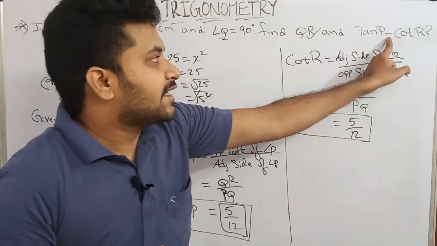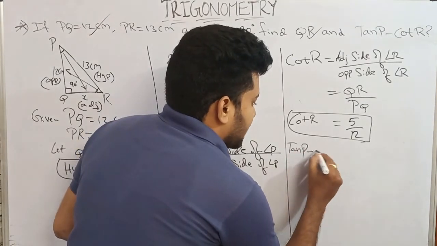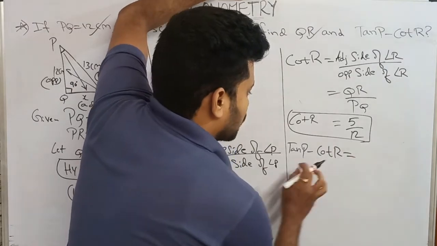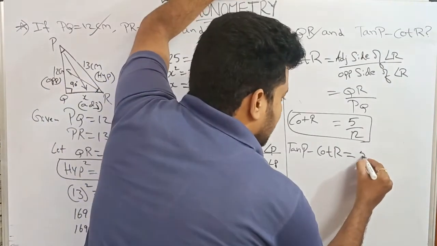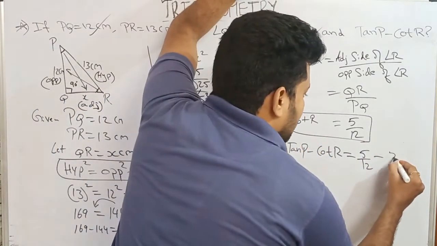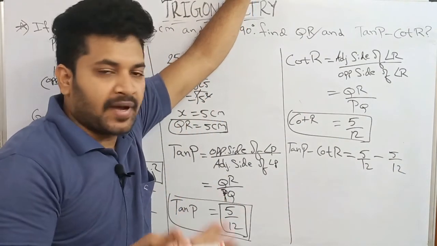Our target is tan P minus cot R. So let us substitute the tan P value. How much did we get here? 5 by 12 minus, what is the cot R value? 5 by 12. So they both are like fractions. So 5 by 12 minus 5 by 12.